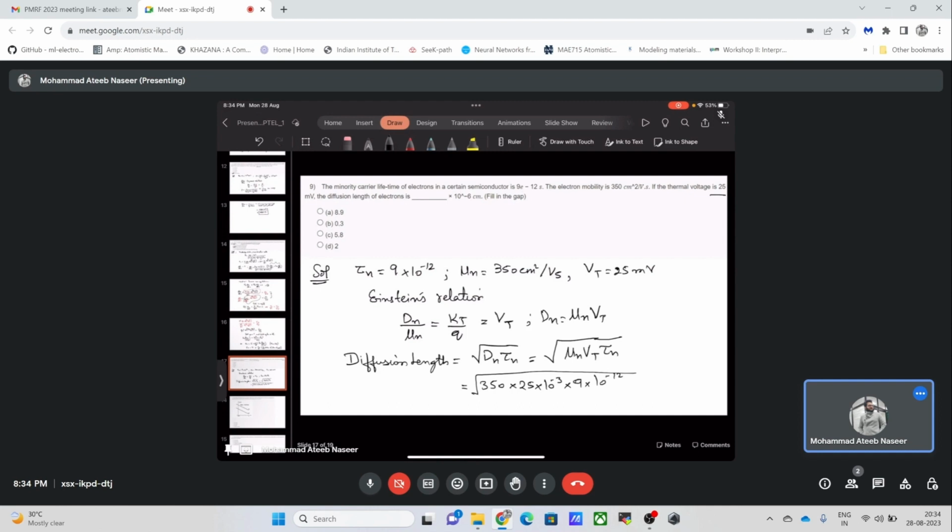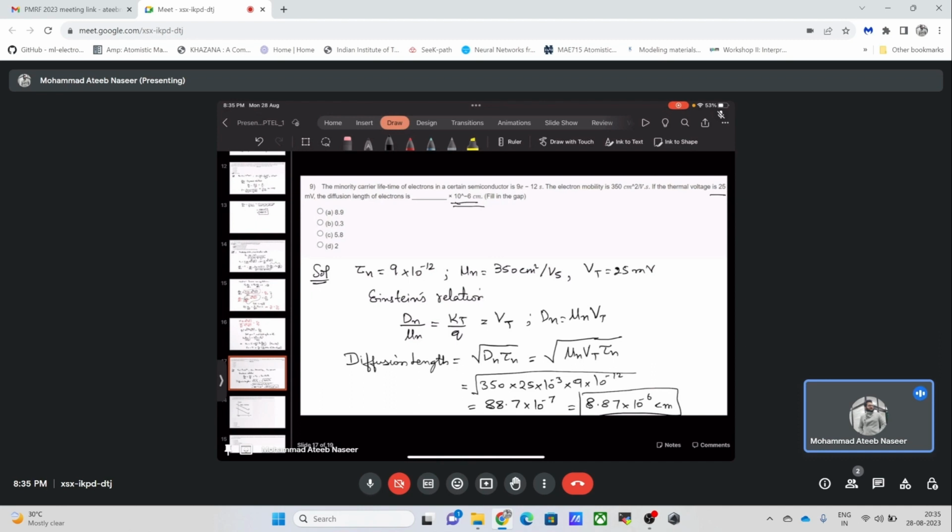It comes out to be equal to 88.7 into 10 raised to the power of minus 7 centimeter, or the other way we can say that it is 8.87 into 10 raised to the power of minus 6 centimeter.